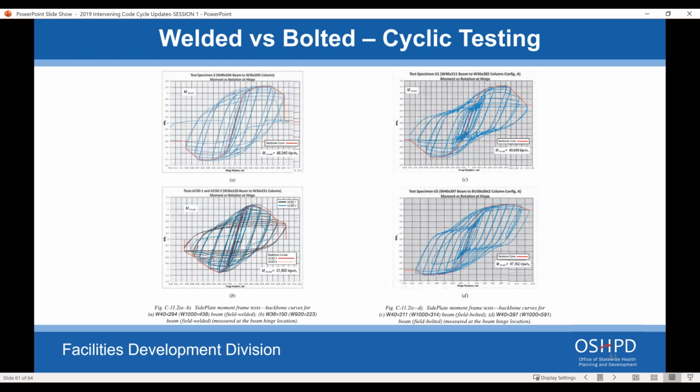Next. So this is basically the hysteretic loop. The figures on the left show the hysteretic loop for a welded connection. The figures on the right show them for a bolted one.